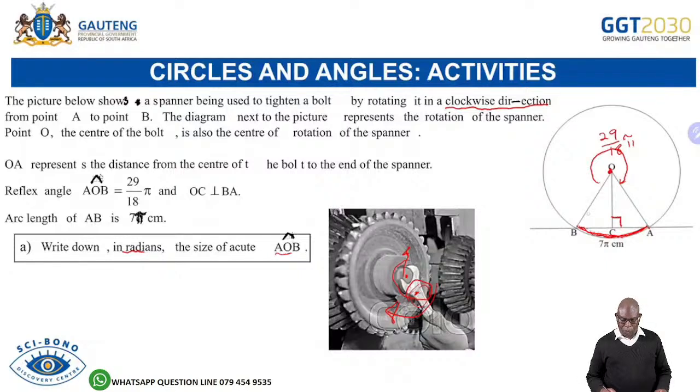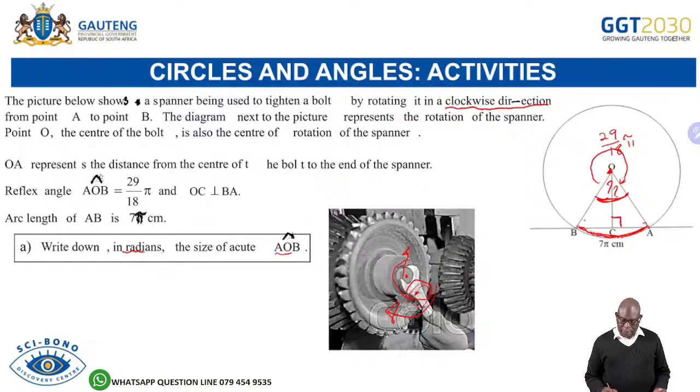So AOB, that acute angle. Now they want this angle here. The acute angle here, right? So remember, acute angle is less than 90 degrees. So they need that angle AOB. So I need to calculate the angle AOB.